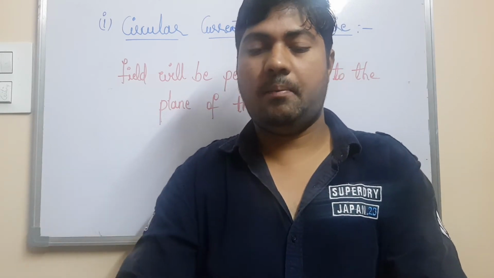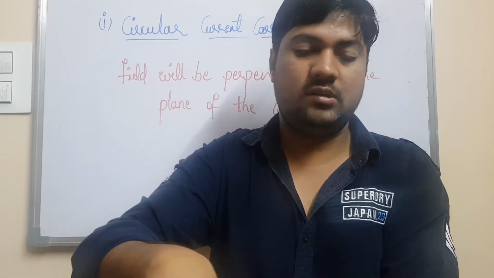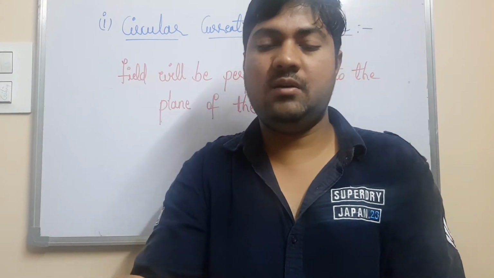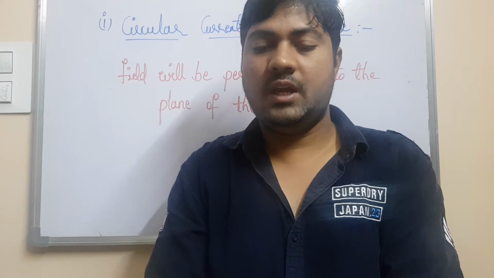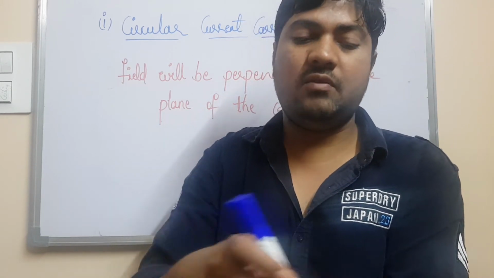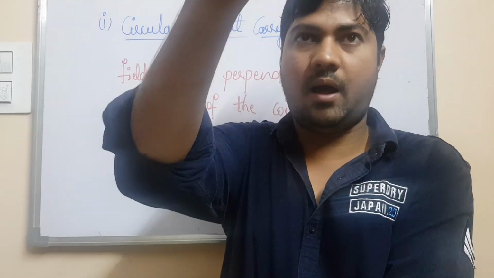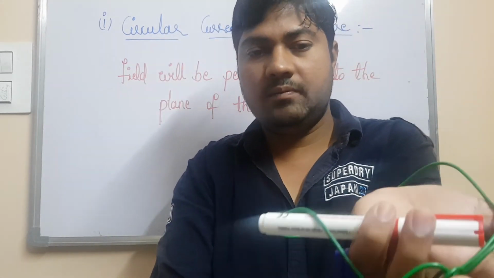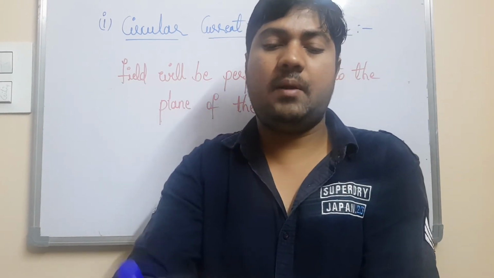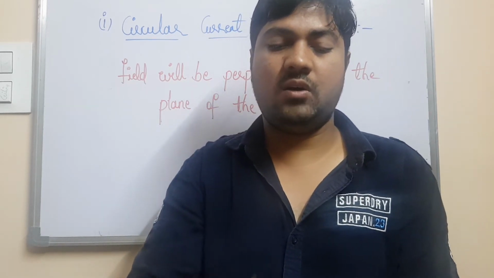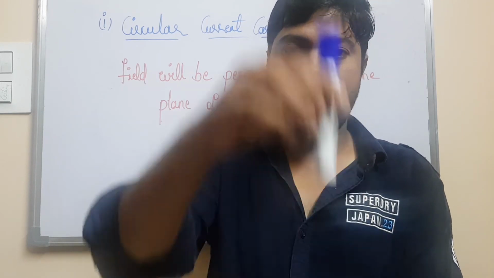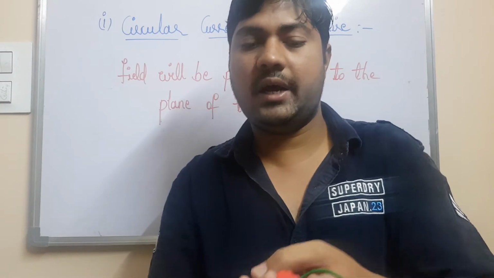Now the magnetic field will be perpendicular to the plane of the wire. If this is the plane of the wire, the magnetic field will be perpendicular. It means it will be upwards like this or downwards like this. So the magnetic field will always be perpendicular to the plane of the coil, either in the upward direction or in the downward direction.